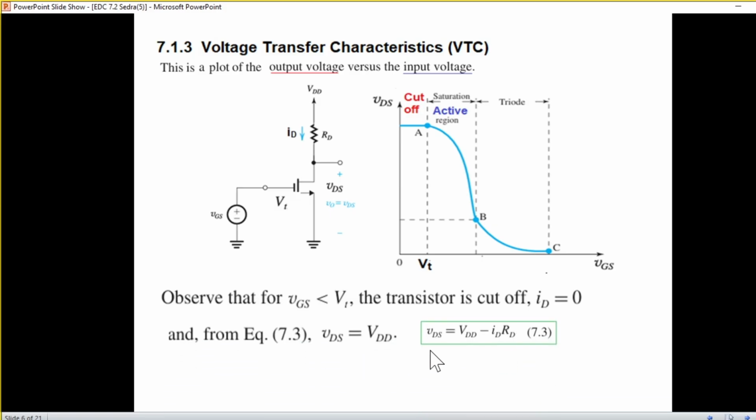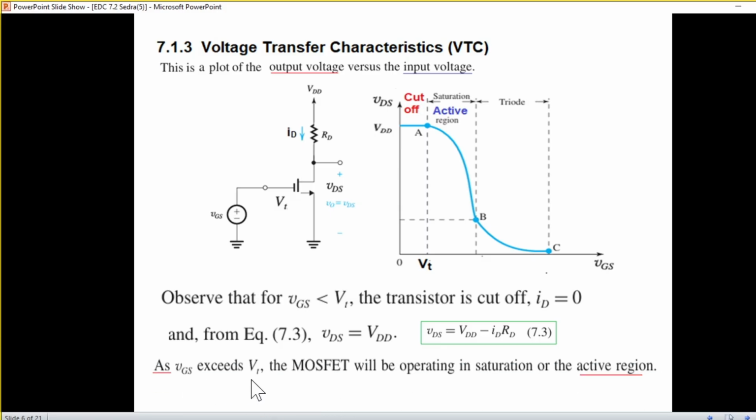And so from equation 7.3 that we derived, when ID is 0, then VDS is VDD. What does that mean in the graph? This is VDS. This is the point where ID is 0. It is the cutoff region, and therefore this point should be equal to VDD.